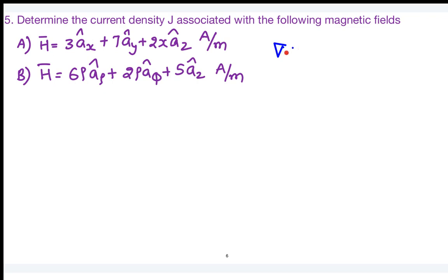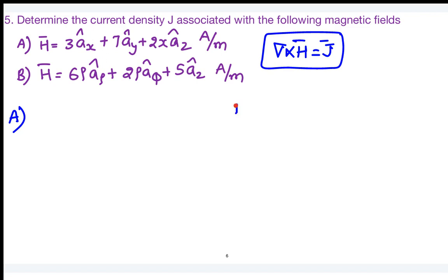So we know that to find the current density, it is straight away the curl of the magnetic field intensity. So find the curl of that vector and tell me the answers. And do it, and you can share the answer in the group. So here also simultaneously I will be writing and you can go through that.